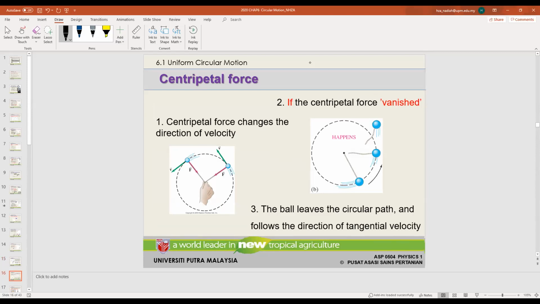Centripetal force changes the direction of velocity. We know this. We have tangential velocity with the same magnitude, but the direction keeps on changing because there is a force that is pushing this velocity towards the center, which makes the V change direction. If centripetal force vanished, which means that my string snapped, the tension of the spring is no longer there, my ball will fly off in the direction of V tangential.